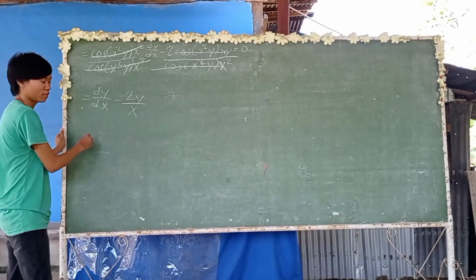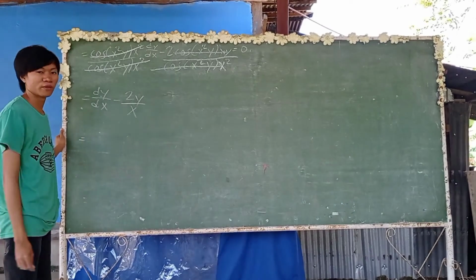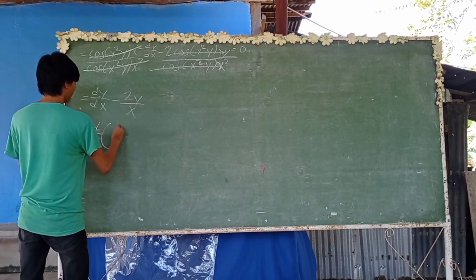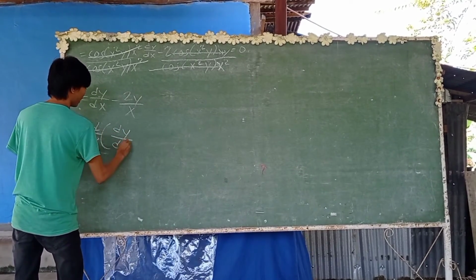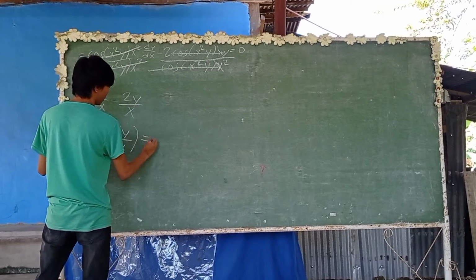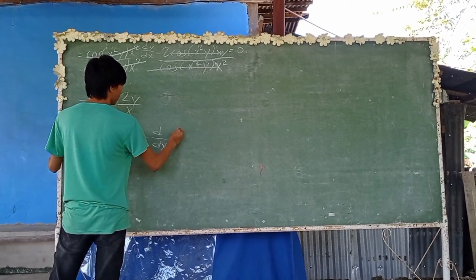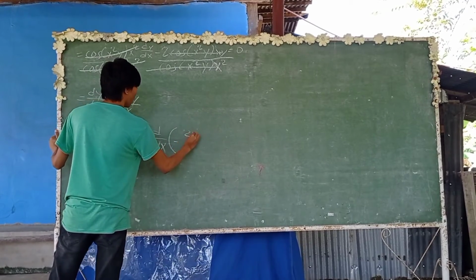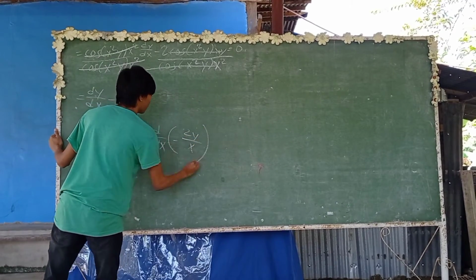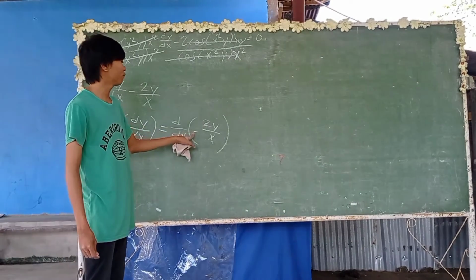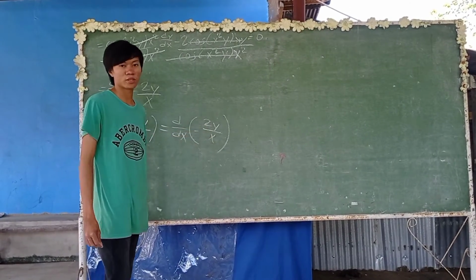Next process is take the derivative of each term. So d over dx of dy over dx is equal to d over dx of negative 2y over x. To get the derivative of negative 2y over x, we use the quotient rule.